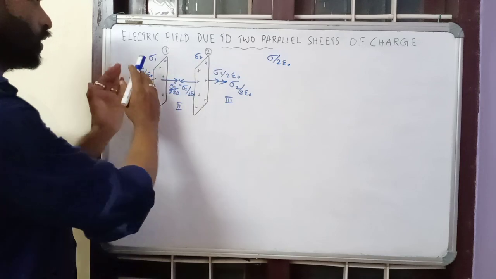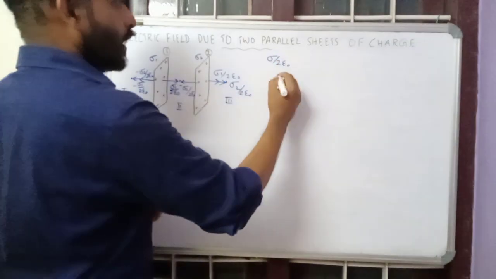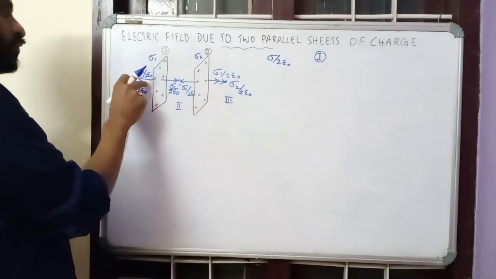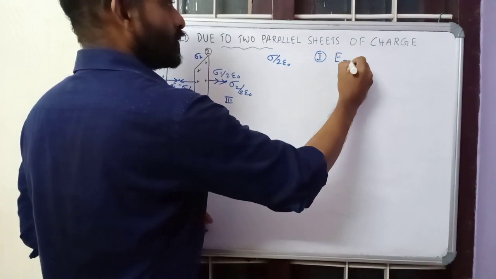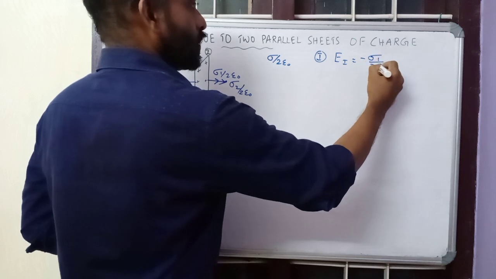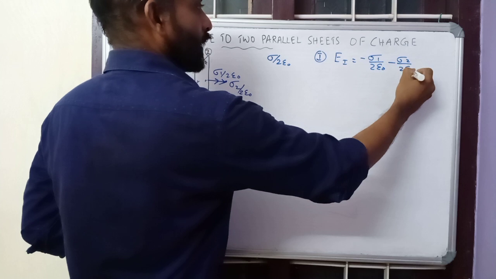Now we will add these together to get the net field in regions 1, 2 and 3. In region 1, we need to add these two fields because these two vectors are in the same direction. So the net field E1 is equal to minus sigma 1 by 2 epsilon 0 due to the first sheet, minus sigma 2 by 2 epsilon 0 due to the second sheet.